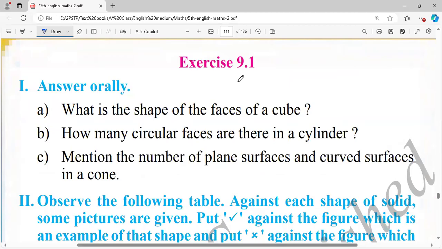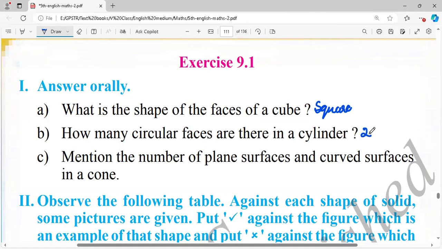Now exercise 9.1. First one, answer orally. A. What is the shape of the faces of a cube? Just a square. Faces of a cube look like squares. B. How many circular faces are there in a cylinder?